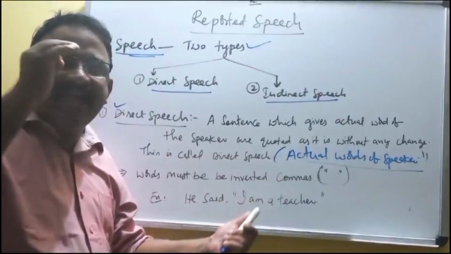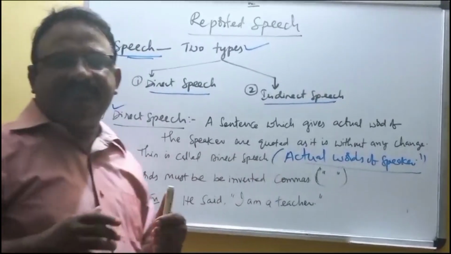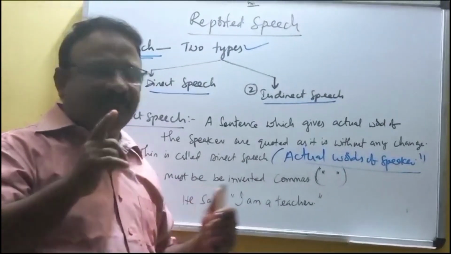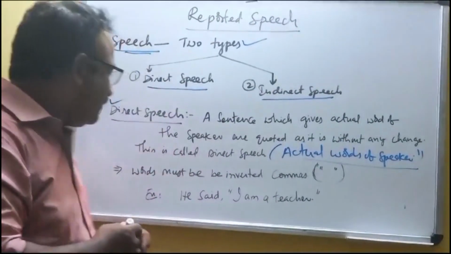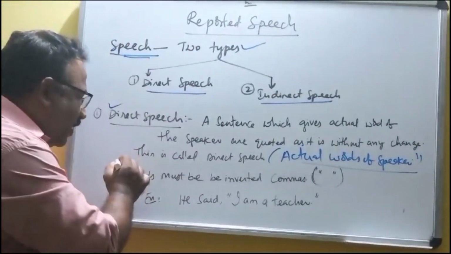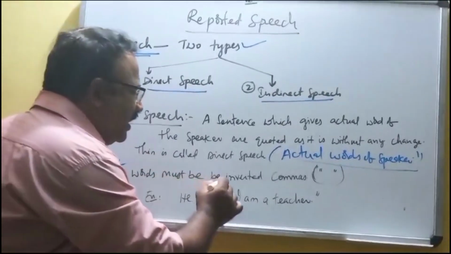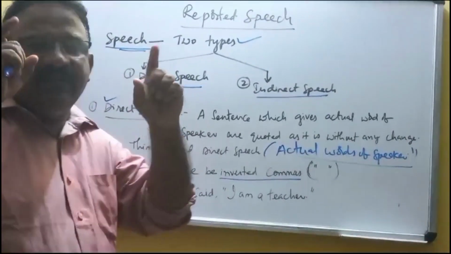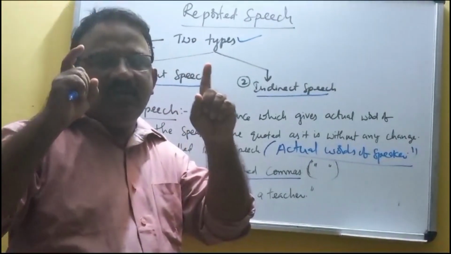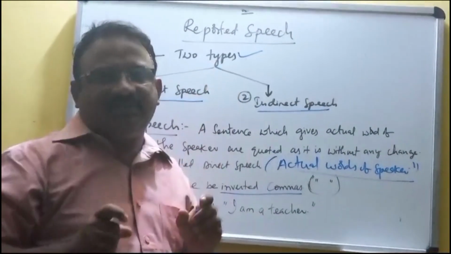That means actual words of the speaker. We must understand this. And the second point: words must be in inverted commas. In direct speech, words must be in inverted commas.